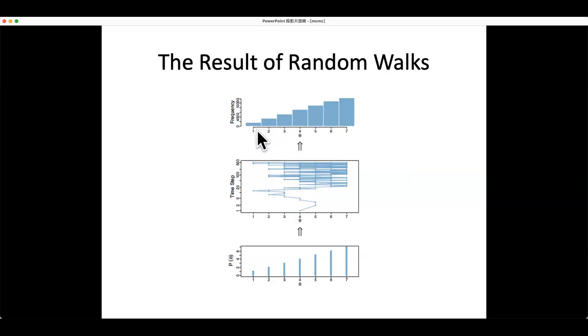You will see that the politician eventually stays on each island proportional to the relative population of each island, right?